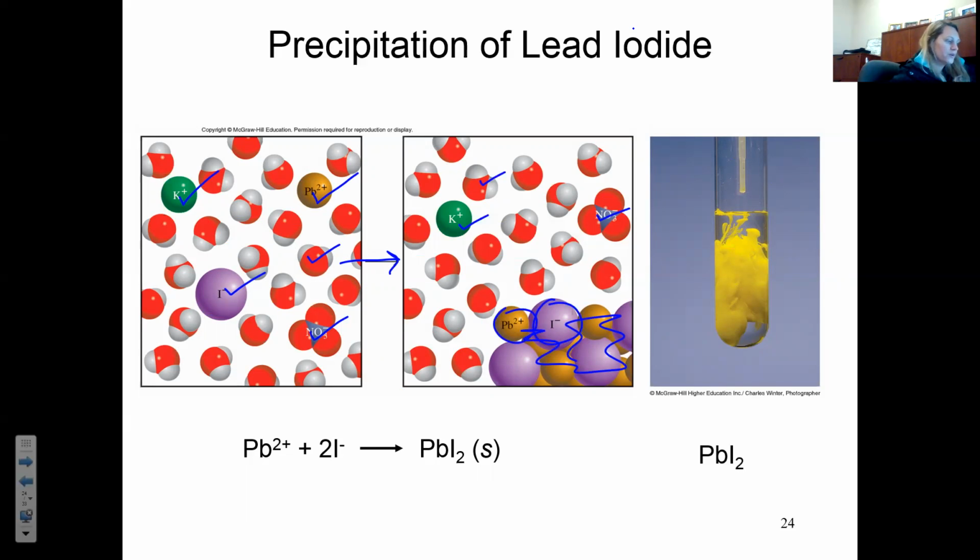Those are the only ones that have done anything within that reaction, and that ultimately is how we get a precipitate, or the change in formation. If you'll notice, this liquid is clear, and the substance that's being dropped in is clear, so what's forming is a completely new compound.